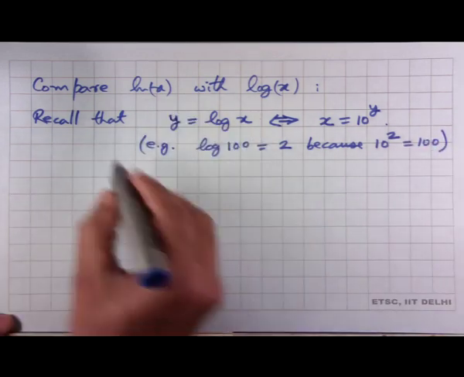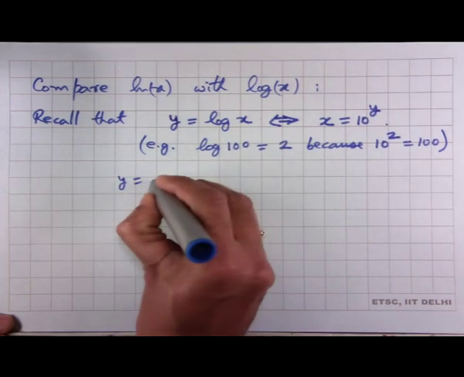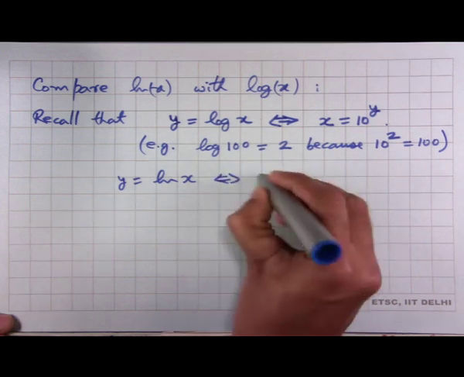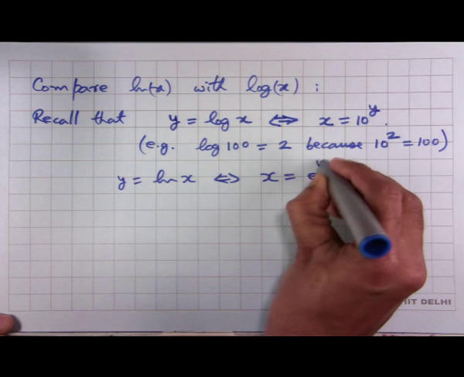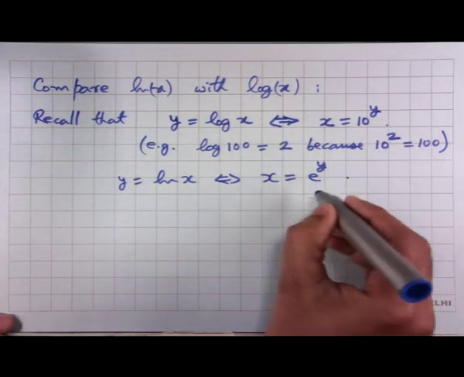This is analogous to what we saw here: y equal to ln x is the same thing as x is equal to e to the power y. So, instead of 10, we are using e here.